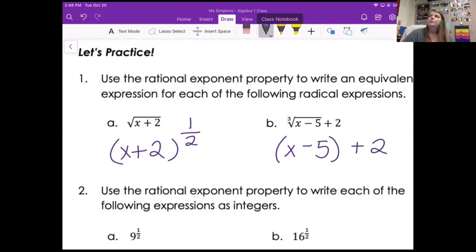It's going to be a fraction. Wouldn't it be 1/3? The bottom number 3 comes from the third root. The 1 comes from the exponent. If there is no exponent, we're going to write what number? 1.